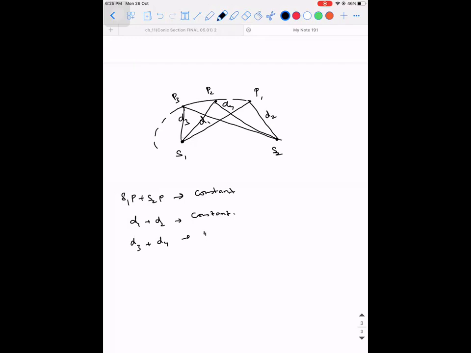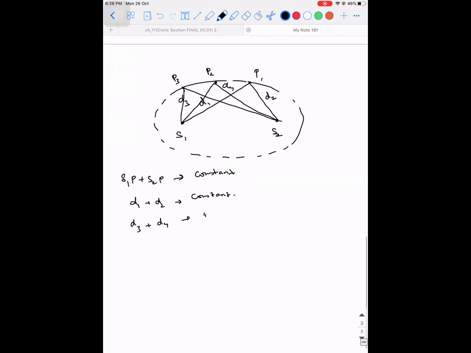So if you join all those points, the shape you're going to get will look like an oval, and that oval-shaped structure is what is called an ellipse. Okay. Now our work is to derive the expression for the ellipse in terms of its major axis and minor axis. Shall we start?